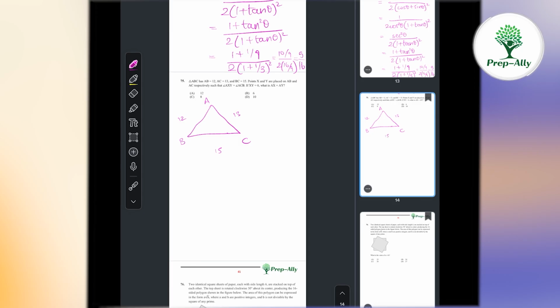X and Y are placed on AB and AC respectively. So X is placed on AB and Y is placed on AC, right, and they're connected.